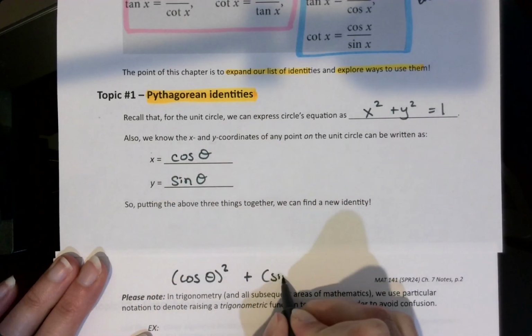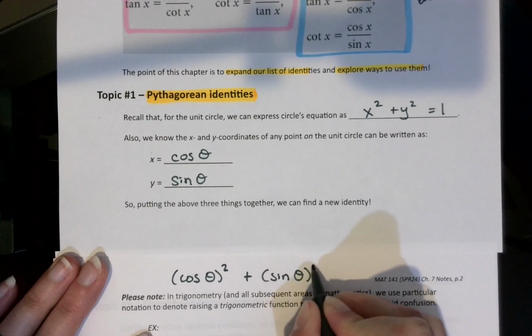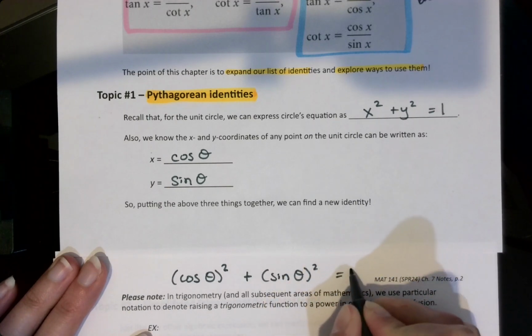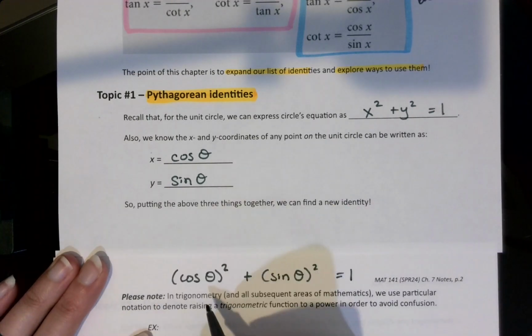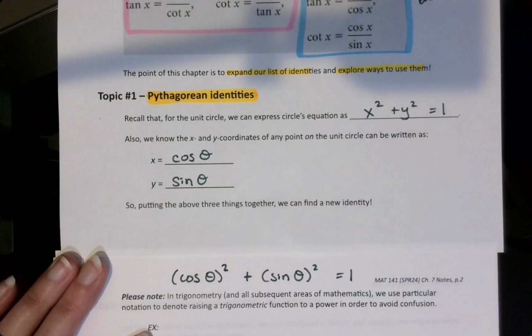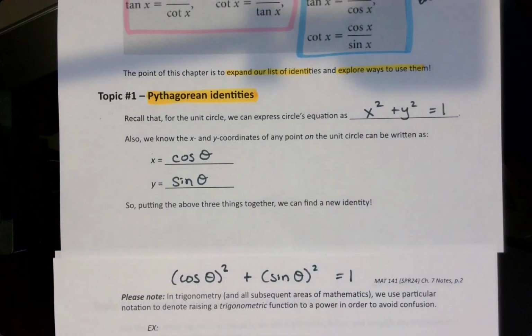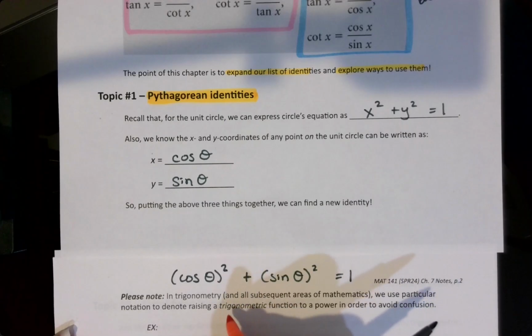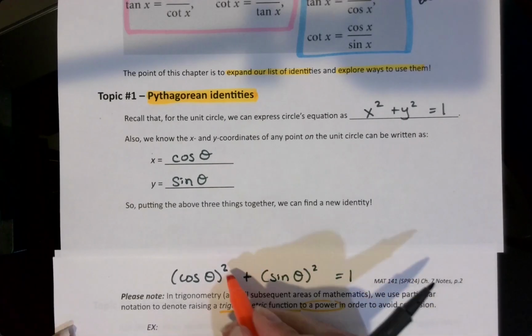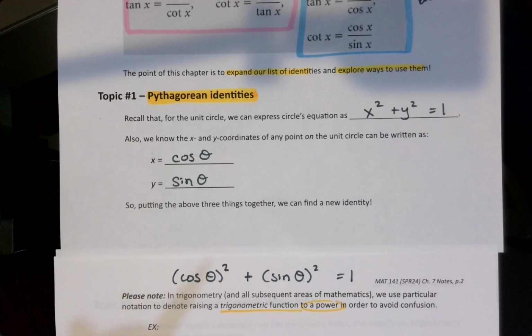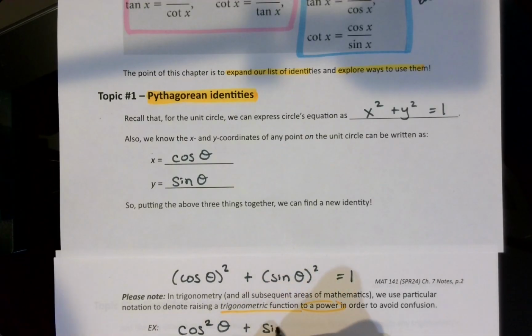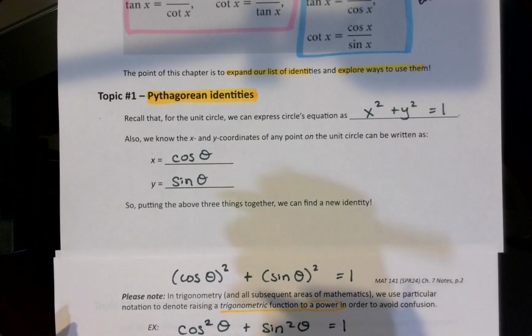And then we use a particular notation to denote raising a trigonometric function to a power. So we are going to write this as cosine squared theta plus sine squared theta equals 1. That square going right here is just the shorthand notation for squaring the entire function, cosine of theta quantity squared.